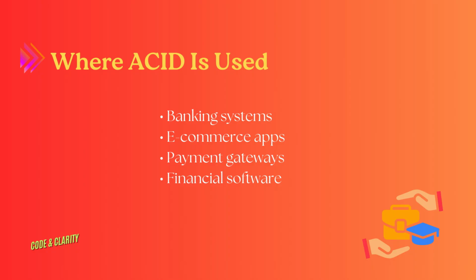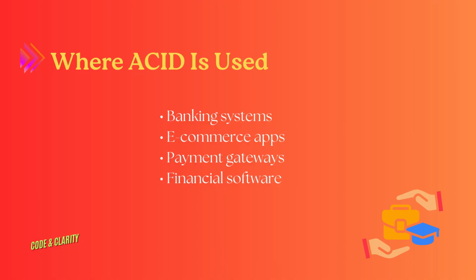There the ACID property is very important. Similarly, in e-commerce websites, payment gateways, and any kind of financial software, anything which deals with money, ACID is critical. In other cases too it is critical, but in financial cases it is much more critical, I should say.